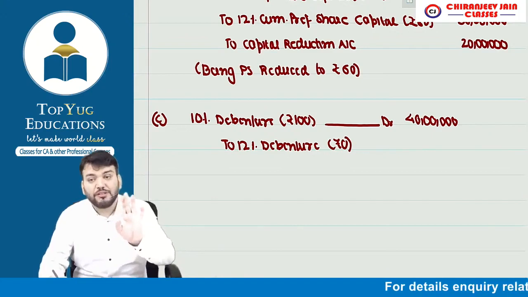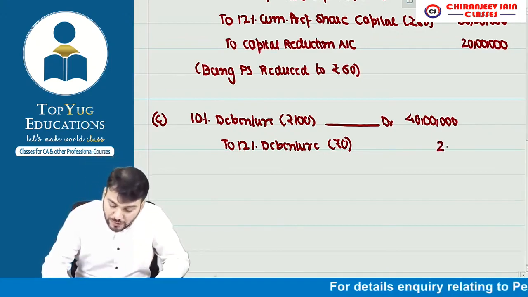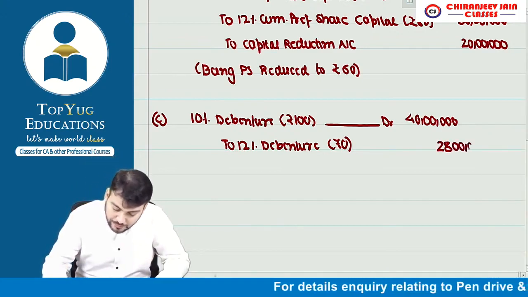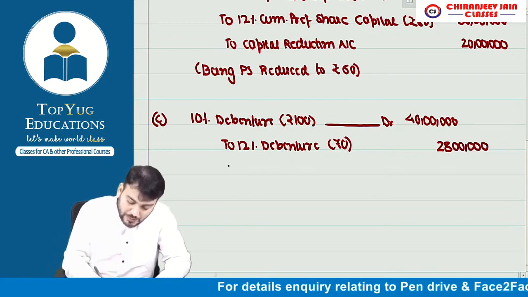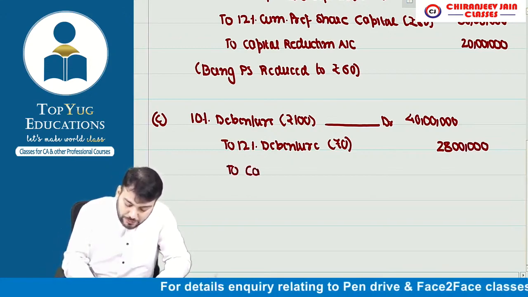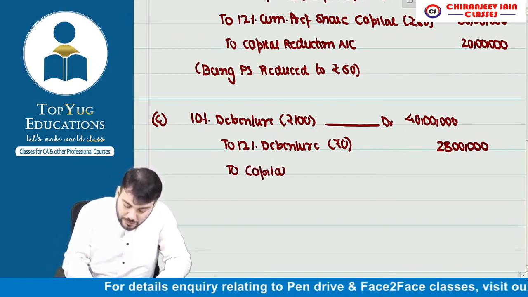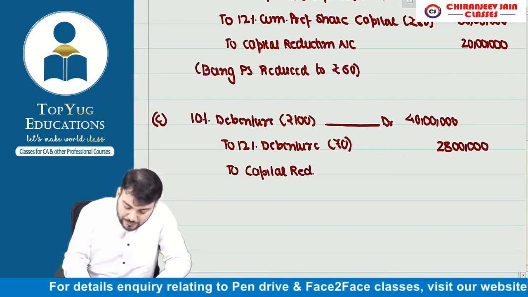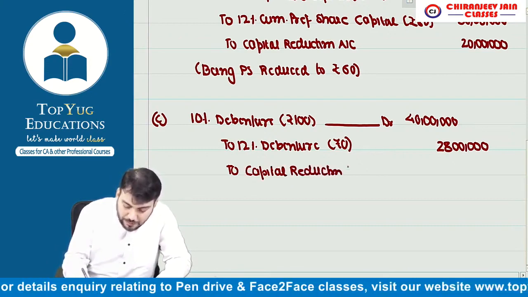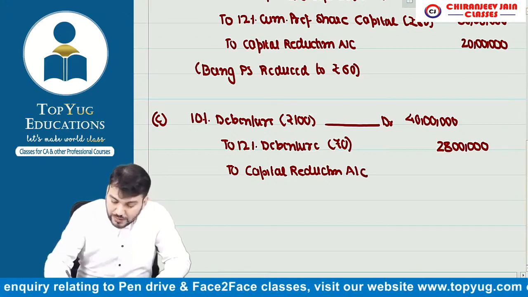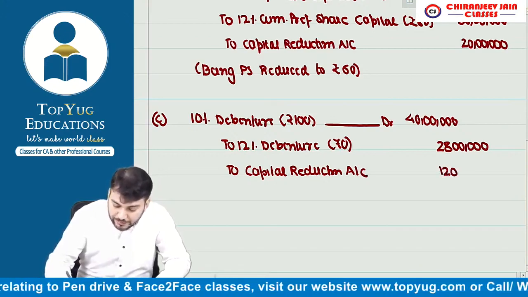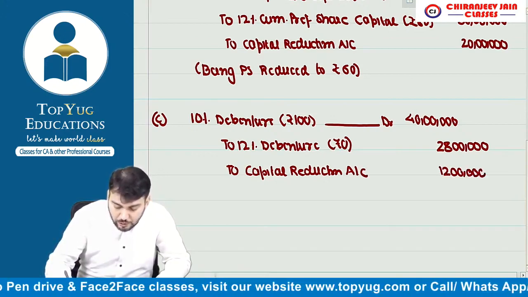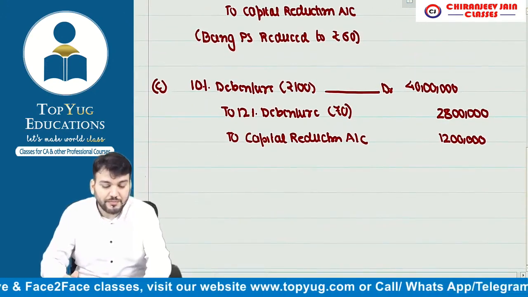So now 40,000 into 70, 40,000 because the number of debentures was 40,000, is equal to 28 lakh. Yes, sir. And the balance will be transferred to capital reduction account. That is how much? 12 lakh. Correct?